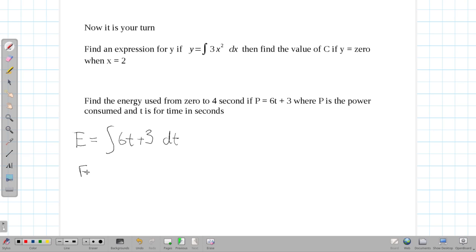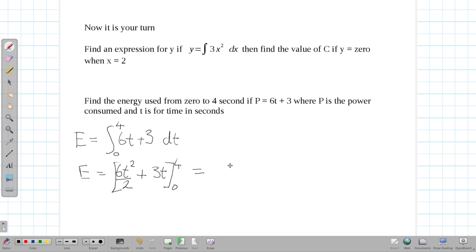So E will equal, t is to the power of 1, so add 1 to it becomes 2, so we've got 6t to the 2, divide by 2, forgot my limits again, 0 to 4, then we've got plus, if you remember, if you've got a simple constant it gains the variable t, so that's 3t, put it in square brackets, put the limits on, lower limit to upper limit, simplify.